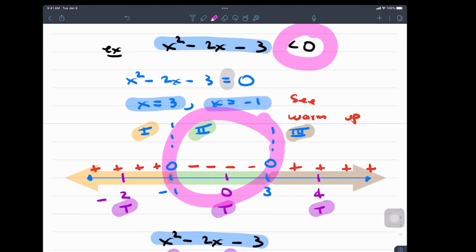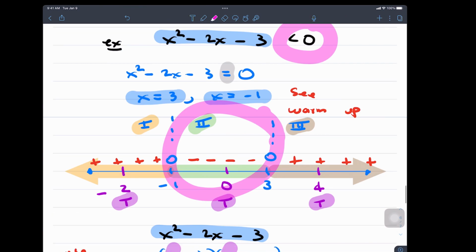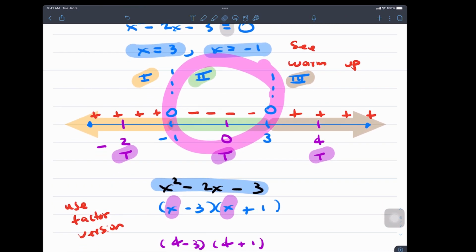You got to give the answer. You found the question. Where is it negative? Less than 0. Region 2. We have to describe on the real number line, region 2. What is region 2, ladies and gentlemen? I'm going to put the answer right in here.